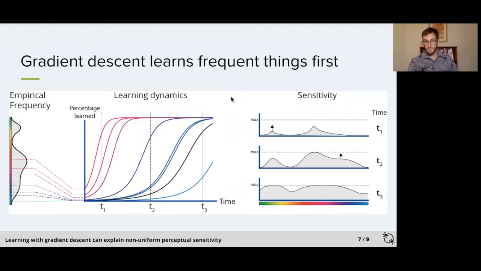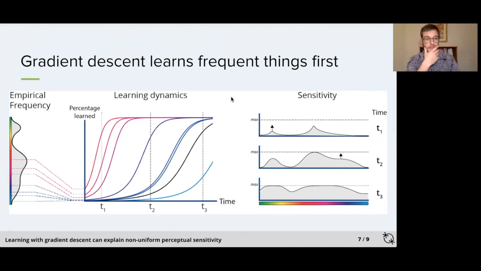We can schematize this process as being related to the sensitivity of the output, x hat, as follows. If you have some feature like hue, or here color, and it has some empirical frequency, the dynamics of gradient descent, both in this reconstruction task, but we can show that this is more general, and details would be in a preprint forthcoming.